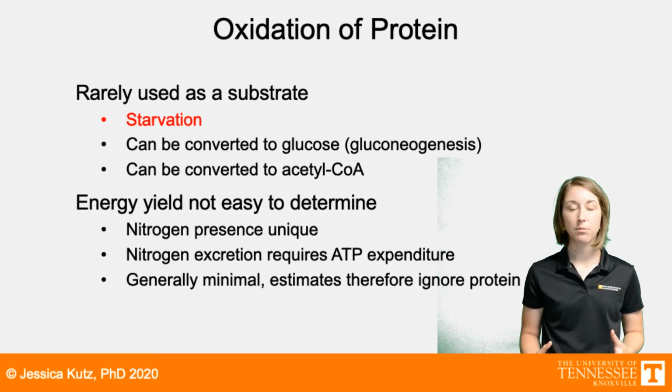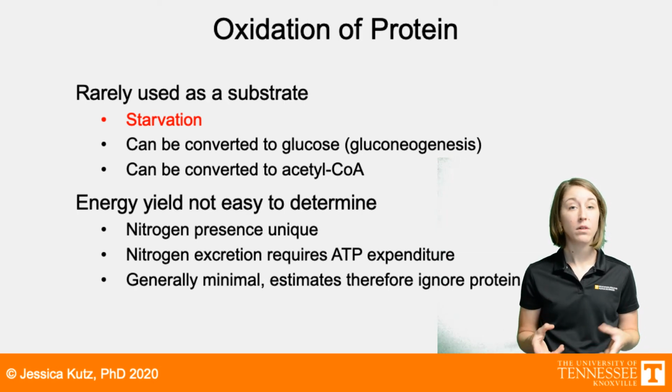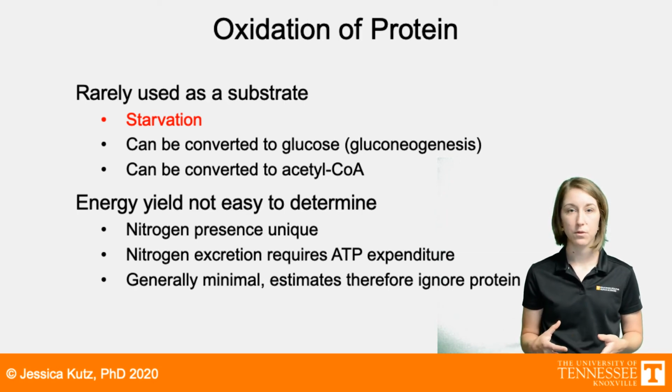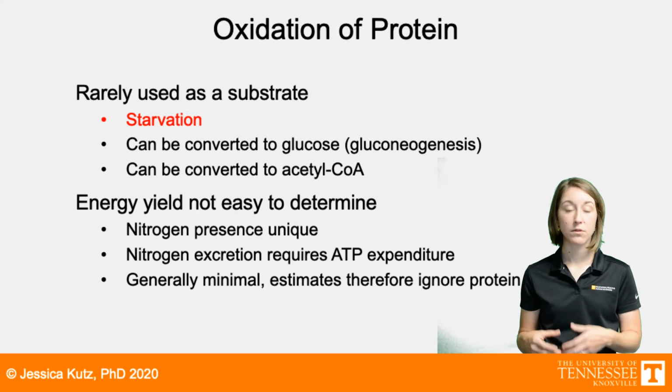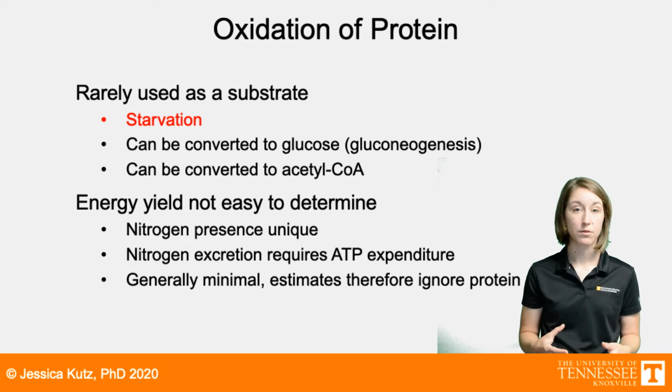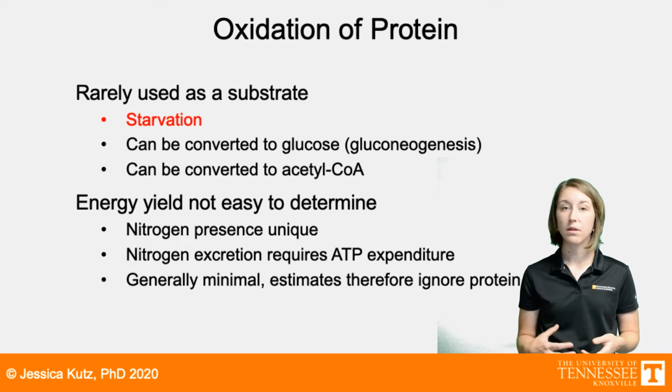Now, as we've mentioned before, we can utilize protein as a fuel source. So we can take those proteins, specifically those amino acids, and they can undergo gluconeogenesis in the liver to produce glucose. They can also be converted to acetyl-CoA molecules. But it's really tricky to calculate how much ATP we are able to produce from a protein.